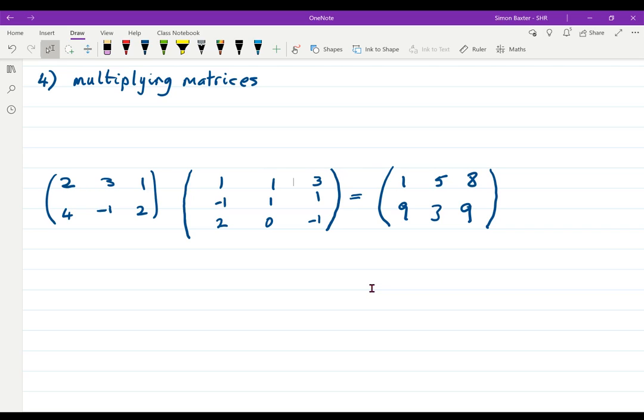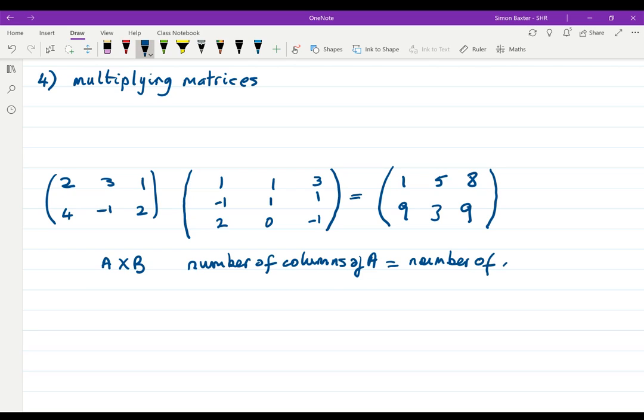The one thing that should be fairly obvious from that is that if we are multiplying two matrices A times B, the answer will only exist if the number of columns of A must be equal to the number of rows of B. If we don't have that, we can't take the first row and put it next to the first column. The number of columns there must be the same as the number of rows there.